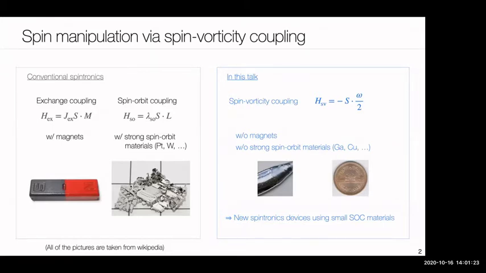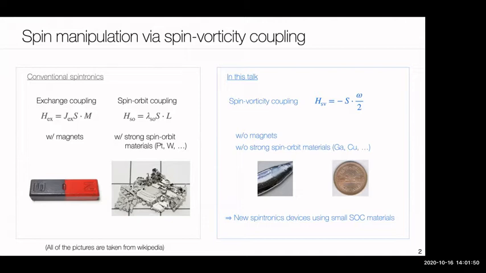Conventional spintronics utilizes the exchange coupling and spin orbit coupling to manipulate the spins. So, if you manipulate the spins, you need magnets or strong spin orbit materials such as platinum or tungsten, I mean the heavy metals.